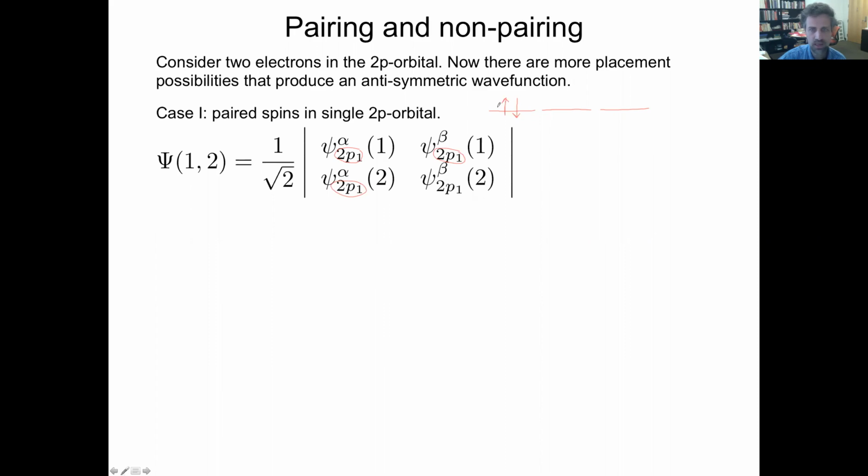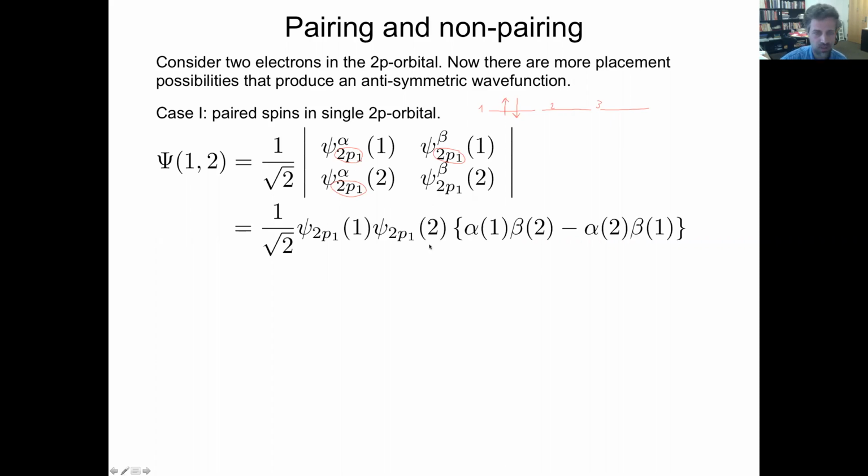So 2p1, let's say I call this 1, I call this 2, I call this 3. So 2p1, those are the states. I'm going to put both in the first one, that is the p1 state. And so both electron number 1 and electron number 2 must be in that state. So this is the Slater determinant. Let's do the multiplication and see what we get. Here it is.